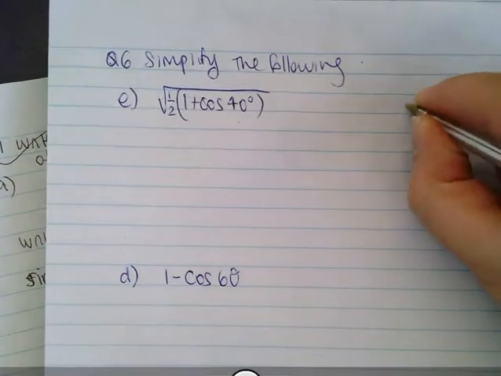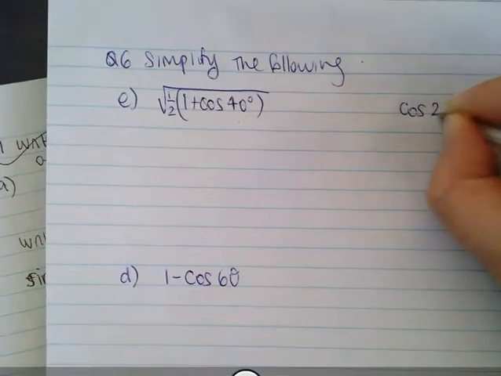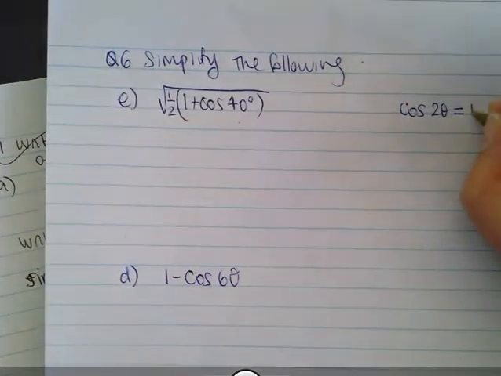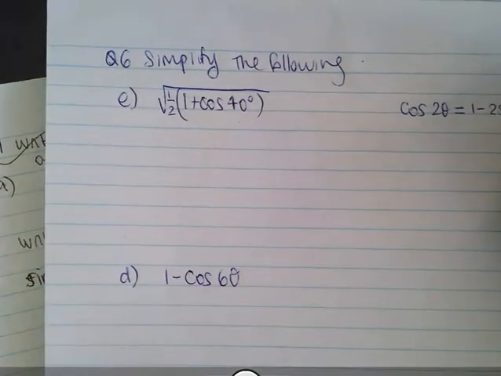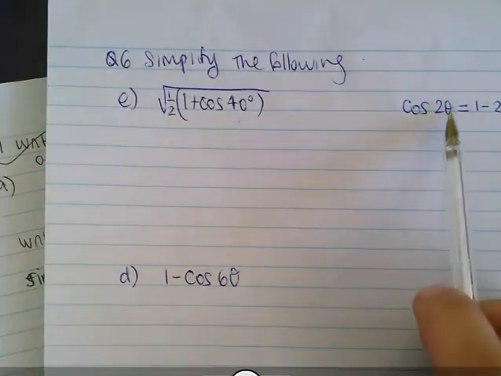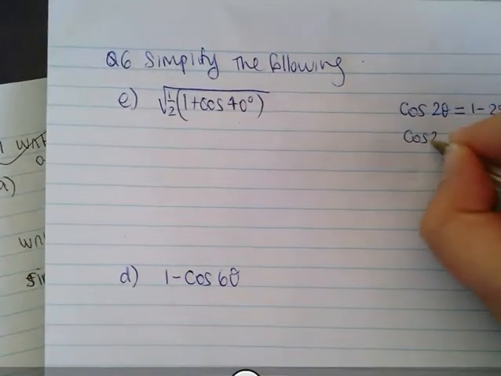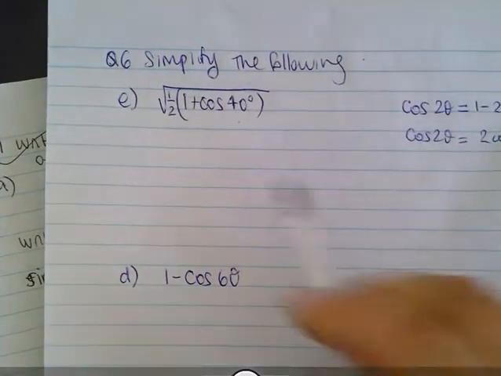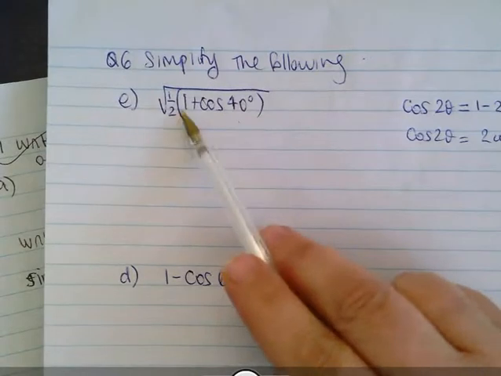Let's just write our double angle results for cos. Cos of 2 theta, for example, is 1 minus 2 sine squared theta. That would not be a good one to use. Or it's 2 cos squared theta minus 1.